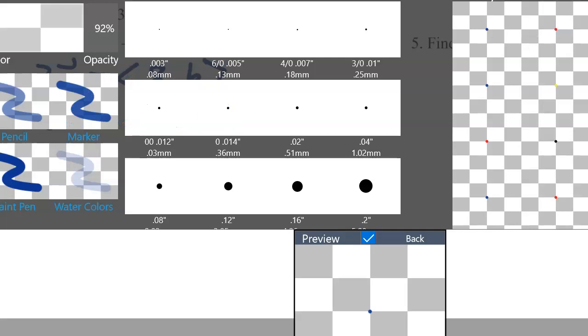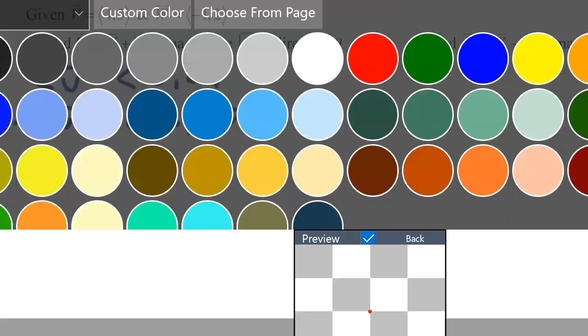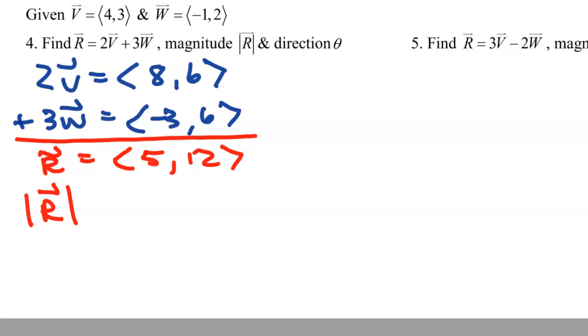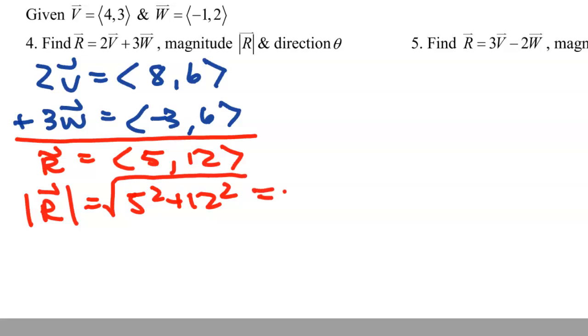And when I'm done, my result is 5, 12. That is the components of my result. If I want the magnitude of this, 5 squared plus 12 squared, I put that in the calculator, and my magnitude is 13.